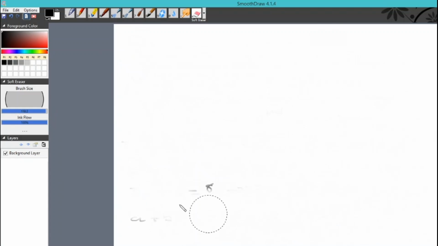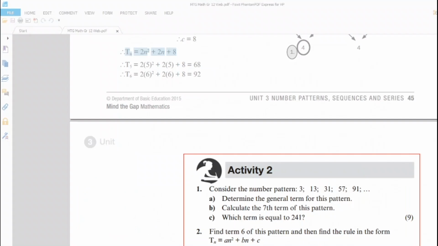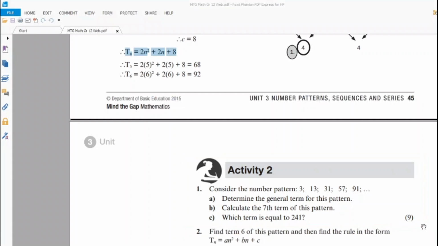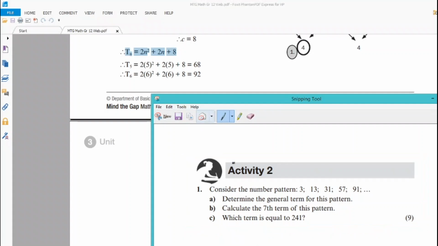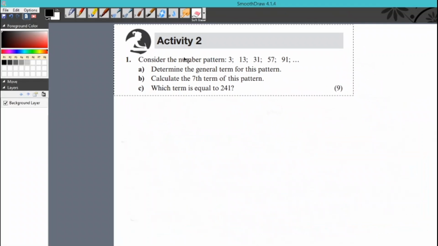Okay, let's start with question 3 first.